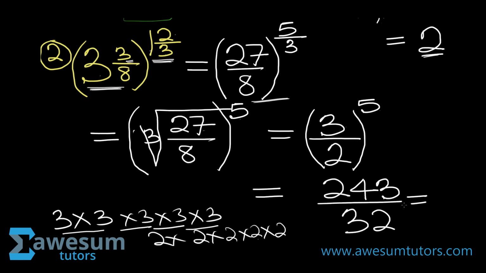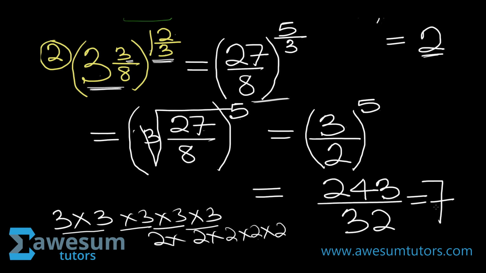Okay, if you want to change this to a mixed fraction, you can as well do that. If you take a look at this, how many times will 32 go in 243? That is going to be 7 times, because 32 times 7 is going to give you 224.